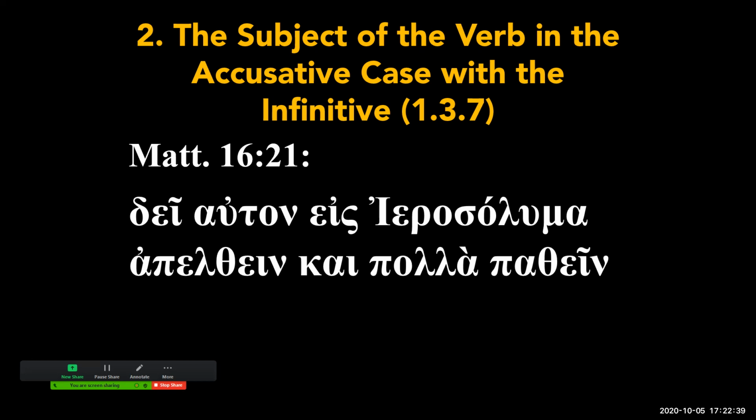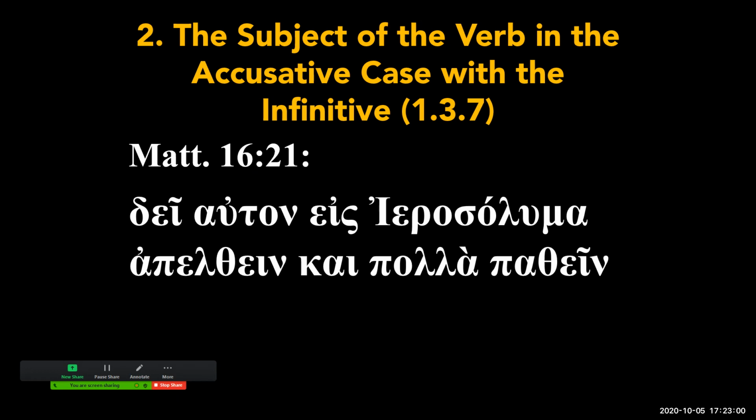Apelthein and pathein are both aorist infinitives. Notice the aorist form, and pathein is an aorist, to suffer. But notice that auton is in the accusative case, but it's still the subject.